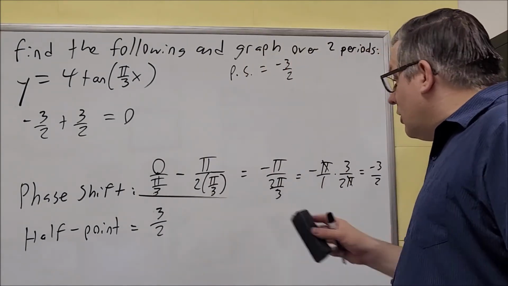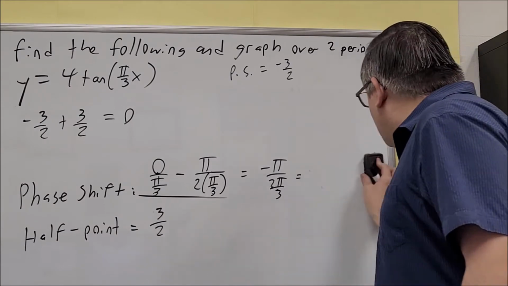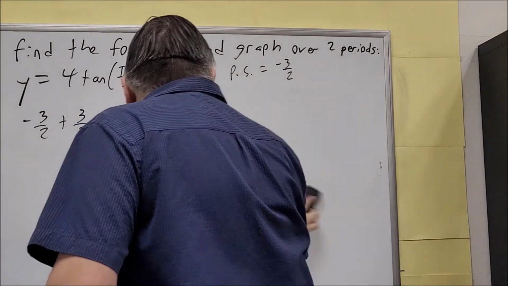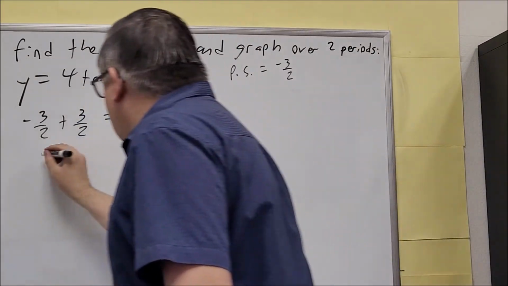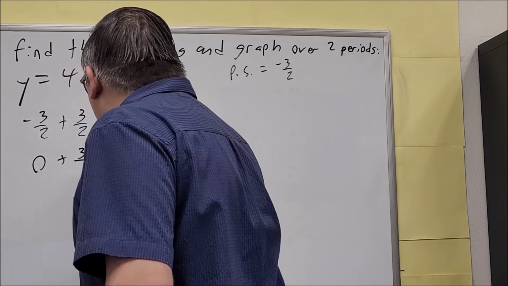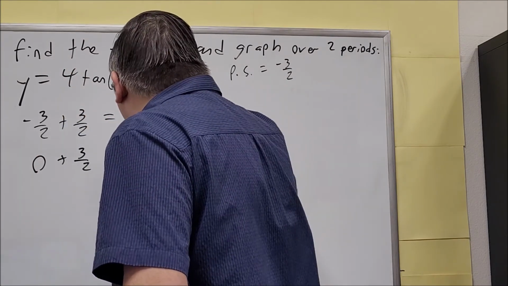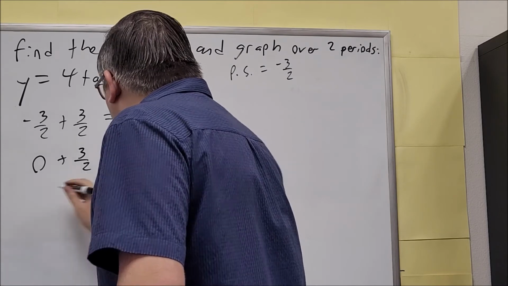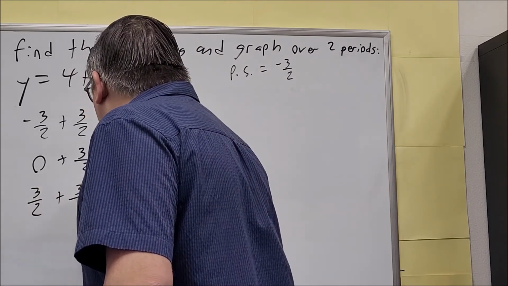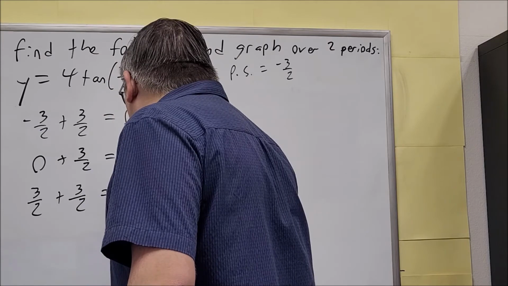Let's find the other ones. I'm going to erase this for some space and then continue. 0 plus 3/2 is equal to 3/2. 3/2 plus 3/2 is going to be 6/2.